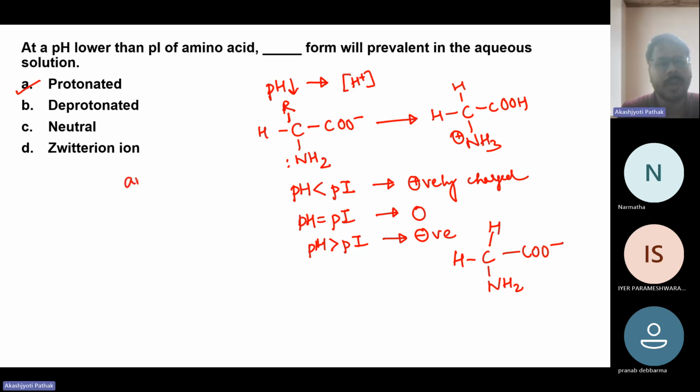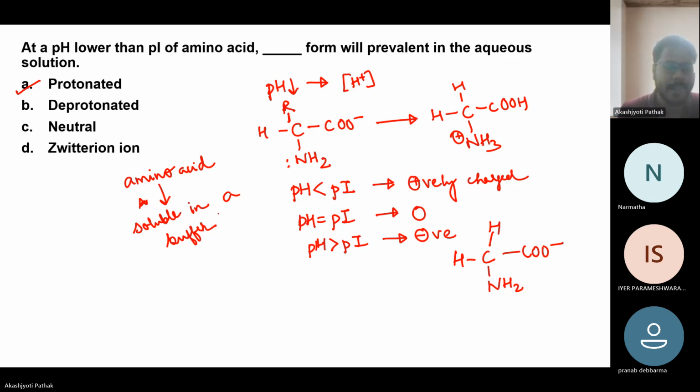If you want this amino acid to be soluble in a solvent or in a buffer, what should be the pH of the buffer? Should it be equal to the pI, or greater than the pI, or less than the pI of the amino acid?